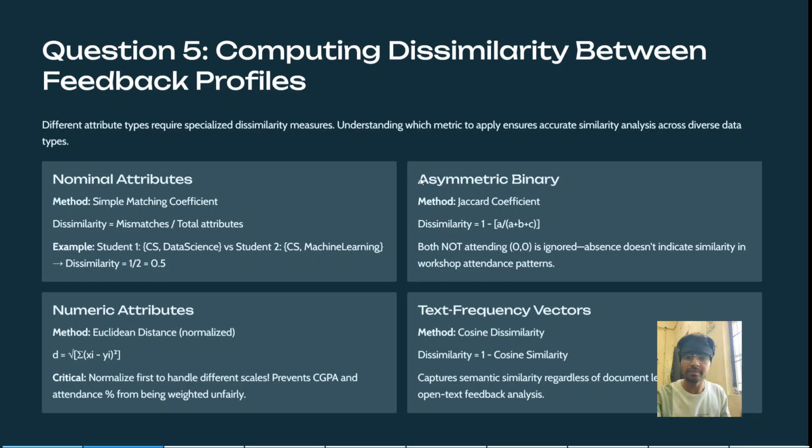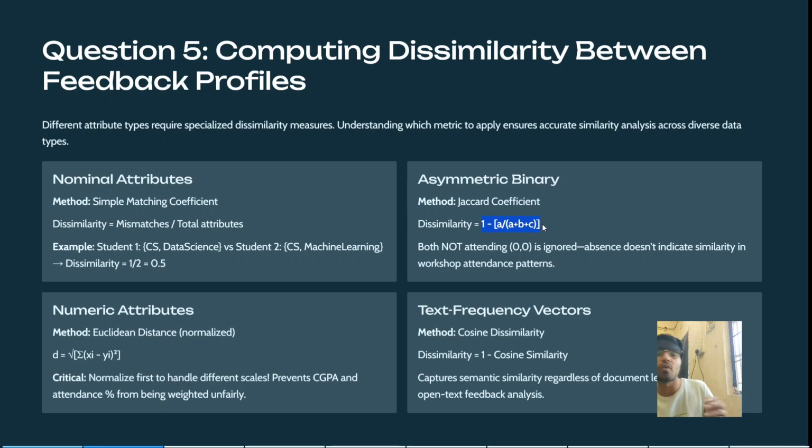Now part B. In part B, asymmetric binary attributes, like whether students attend a workshop or not. This is tricky because not attending should be treated differently, because we use the Jaccard coefficient here. The formula: Jaccard dissimilarity equals 1 minus a divided by the sum of a, b and c.